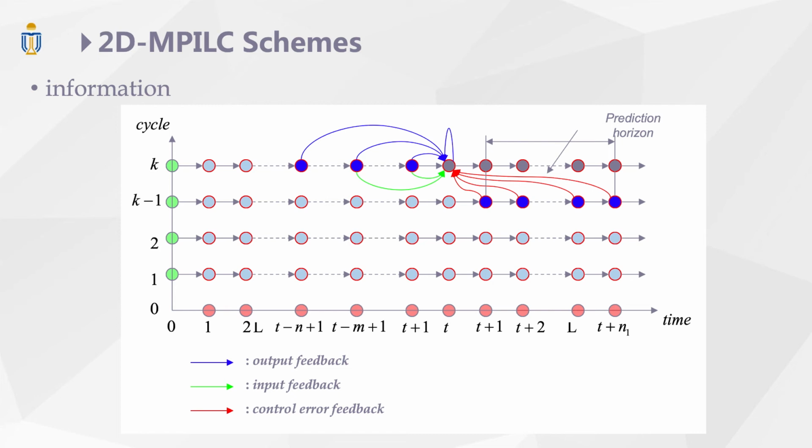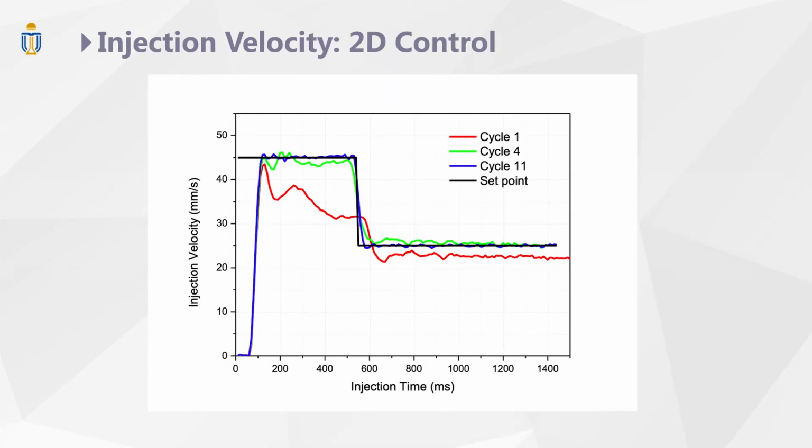So in other words, we can predict the future by taking advantage of the repeatability of the batch process. With that, we developed our control law and used a slow proportional valve to control the velocity.